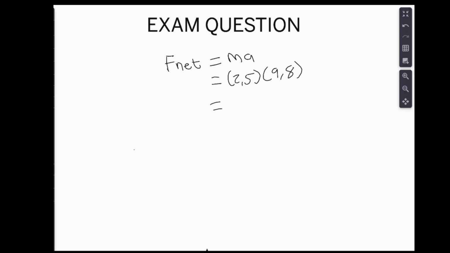That is equal to 24.5 newtons. So now that is the total force. That's the total force.